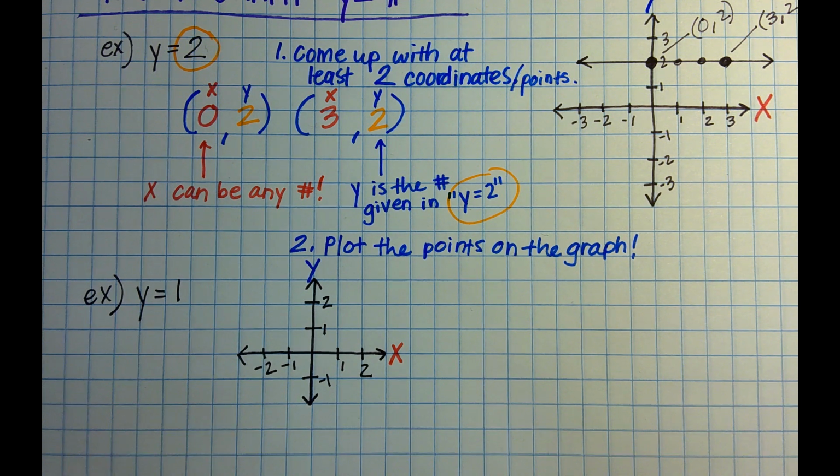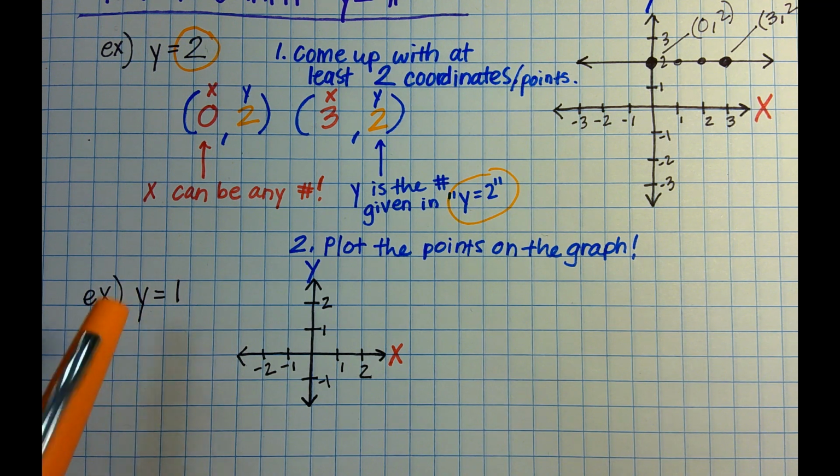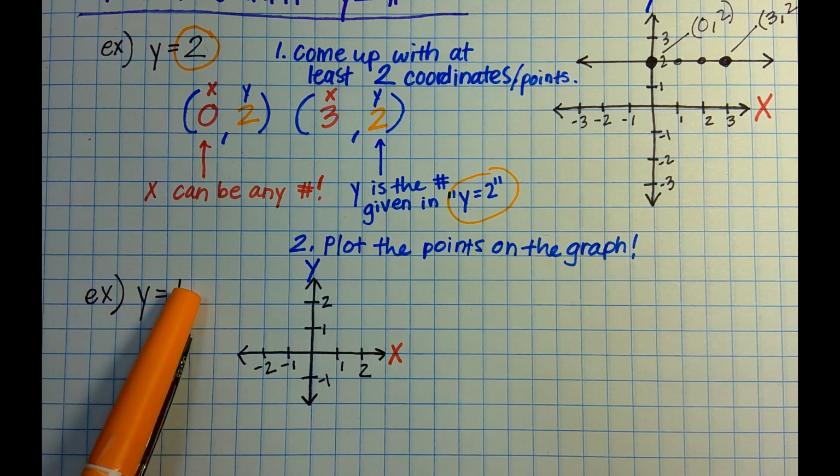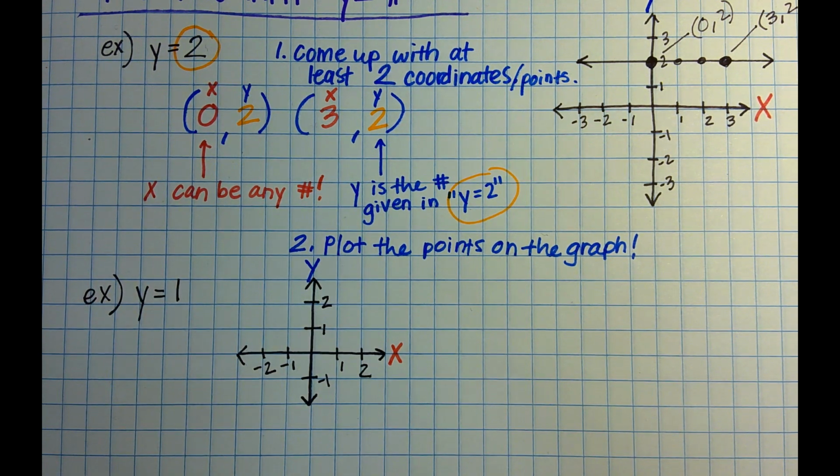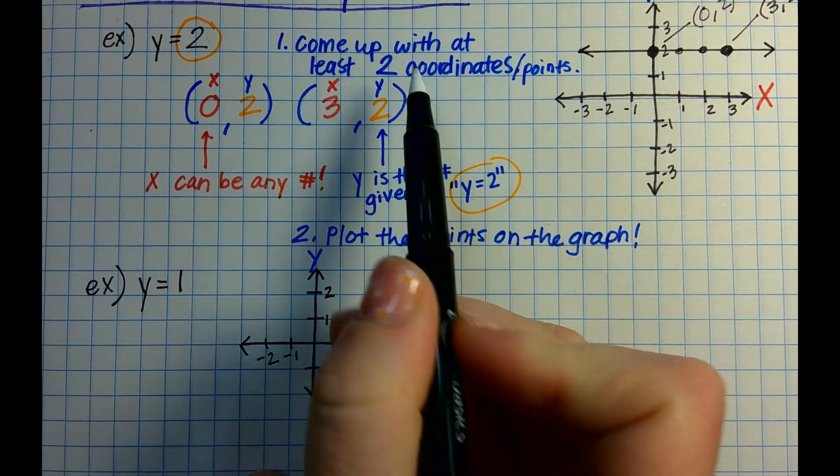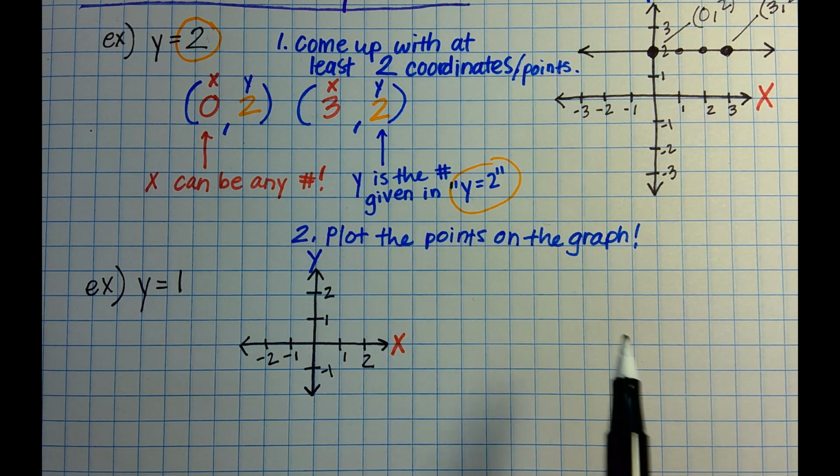Okay, so whenever I have an equation that says y equals 1, what's the first thing I should do? And we can look back at the steps I had you write down. We're going to try and come up with some points, right? So it says come up with at least 2 coordinates or points.